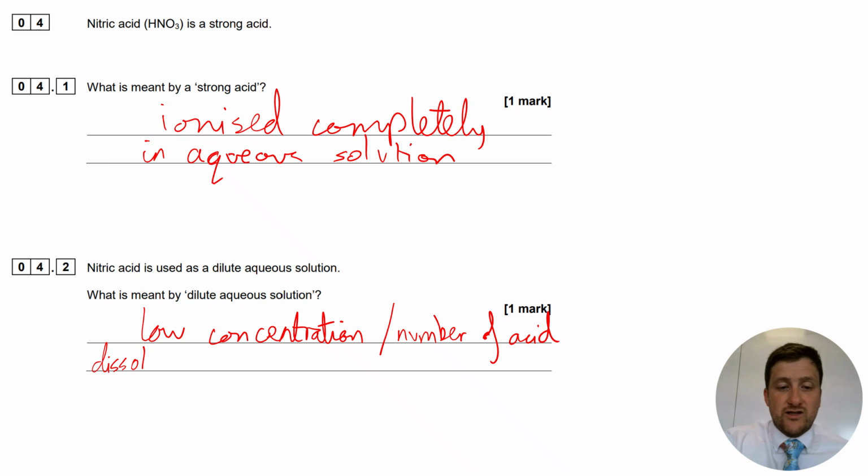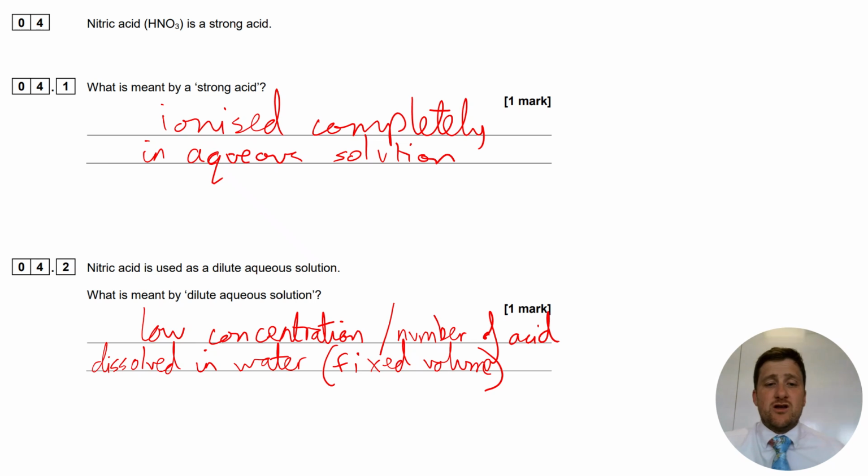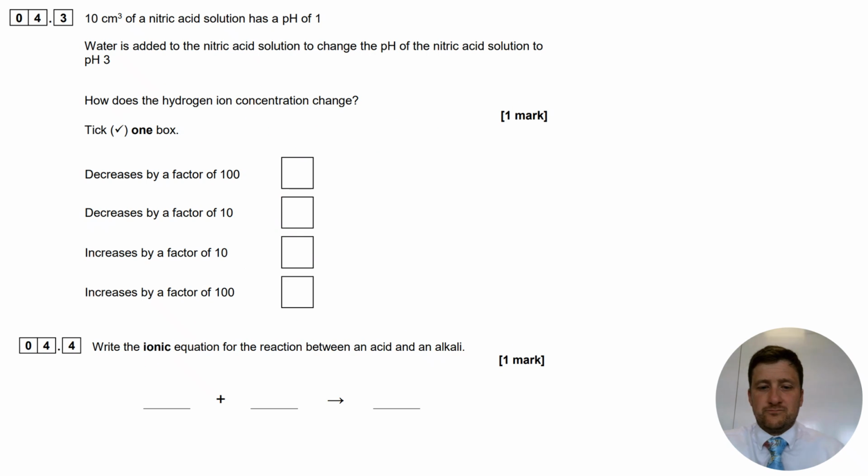It needs to be dissolved in water, but it's all about the volume of water. It has to be in a fixed volume, because if you add a larger volume or a smaller volume, it's going to affect the concentration even if you don't change the number or the amount of acid you put in.